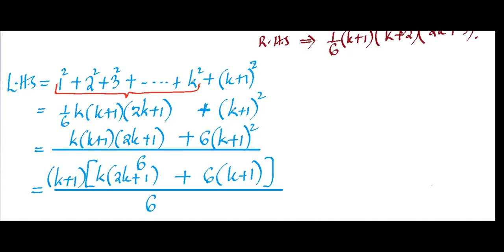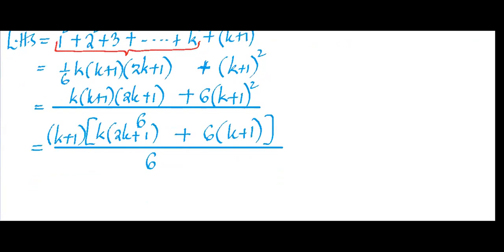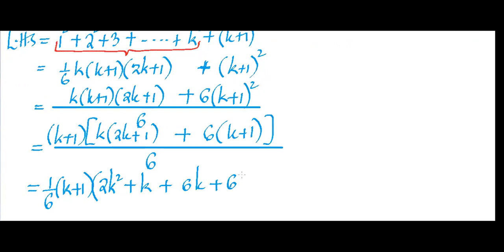And that can be put down as 1/6 into k plus 1 into, expanding the inside, 2k squared plus k plus 6k plus 6.